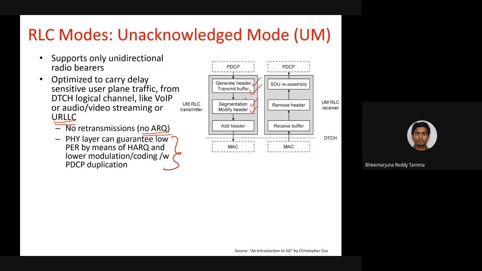Finally, we have a header that is created and added to the packet, and it keeps the packet ready in this RLC buffer, so that whenever the MAC layer decides to ask for packets from RLC, the appropriate number of packets can be taken from the RLC buffer and given to the MAC for sending over the air. So this is used for the dedicated traffic channel, that is, to carry all kinds of user traffic.